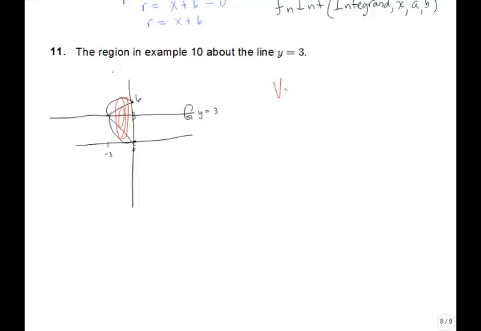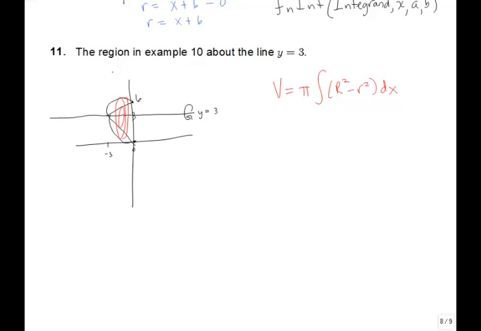So our volume formula that we're using here is pi times the integral of big R squared minus little r squared. And because this washer was perpendicular to the x-axis, we're using a dx integral here, which means all of our big R's and little r's need to be functions of x. So let's figure out what that big R and that little r are equal to.